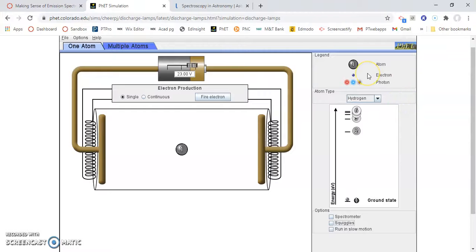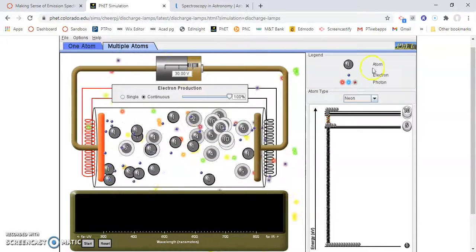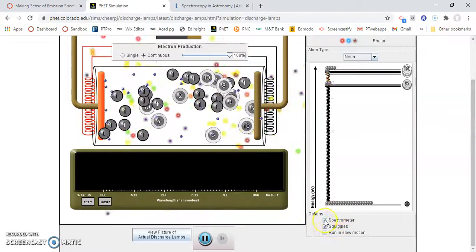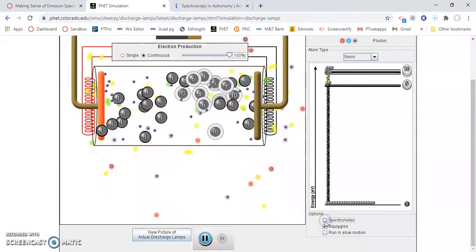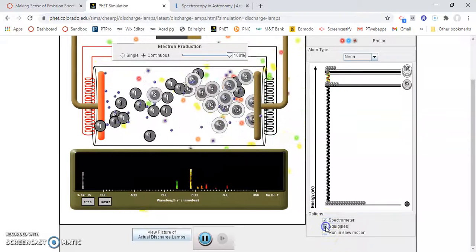Okay? This simulation, you need to do a couple things before you start. First thing is you want to click on multiple atoms. Second thing you want to do is down here at the bottom, you want to make sure the spectrophotometer is clicked. So you want to see this at the bottom, and you can do the squiggles or not.